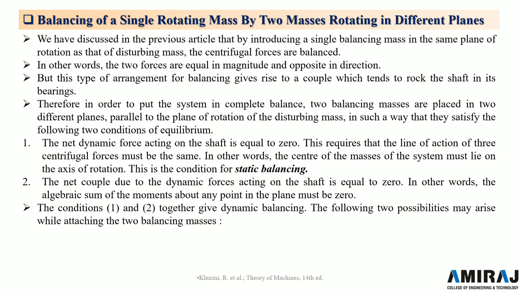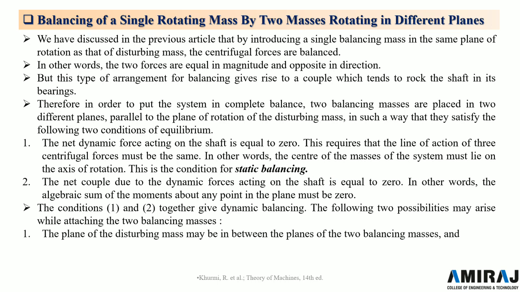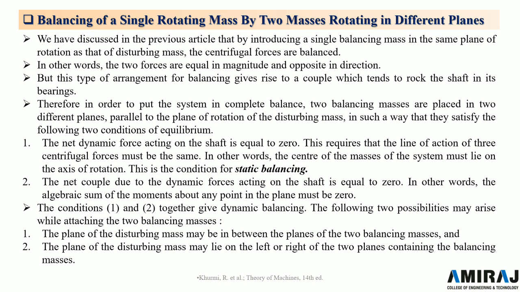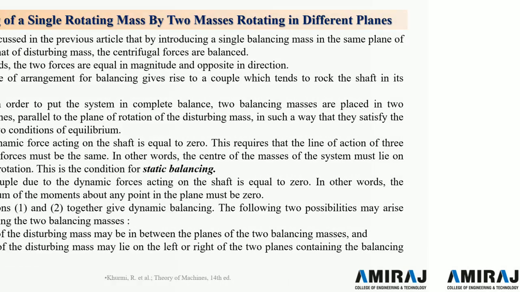Conditions 1 and 2 together give dynamic balancing, and two possible cases may arise for the two balancing masses. First, the plane of the disturbing mass may be in between the planes of the two balancing masses, and second, the plane of the disturbing mass may lie on the left or right of the two balancing planes. Let us discuss these two cases one by one.